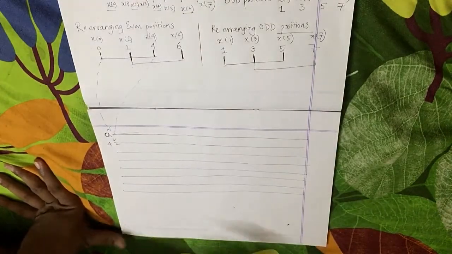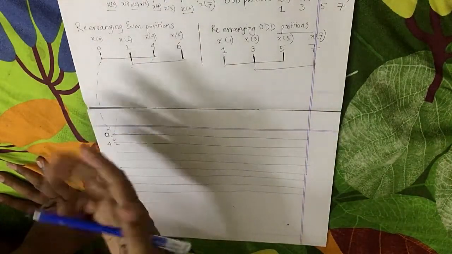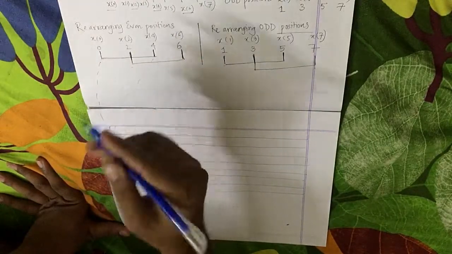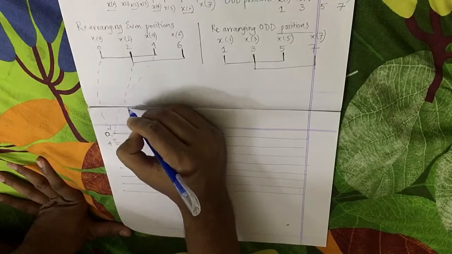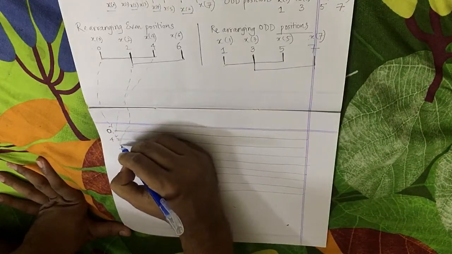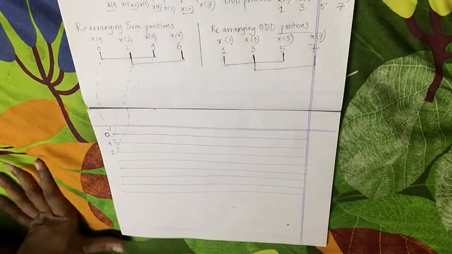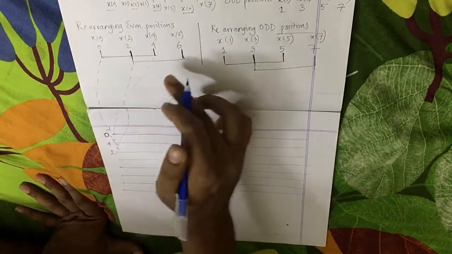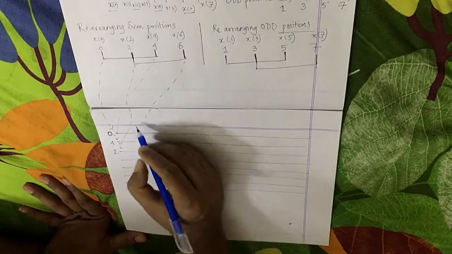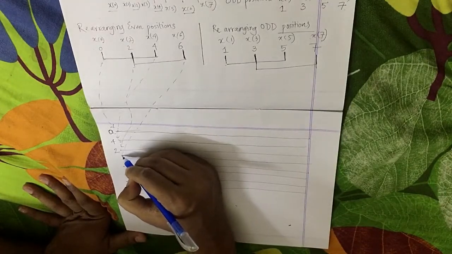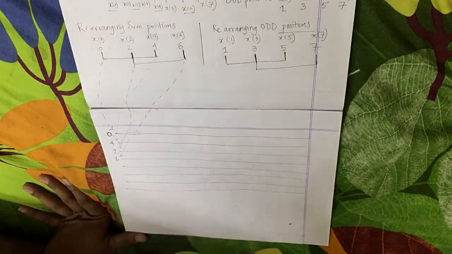Then once we have written 0 and 4, the next value is 2, this one. So this 2 goes into the third line. Then after 2 we have to write down 6, in the fourth line. So let's write down this 6.